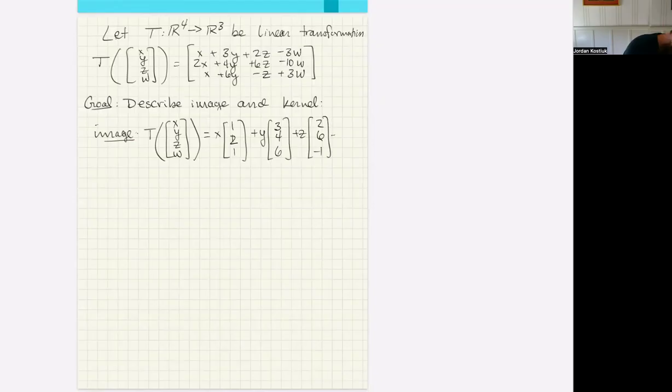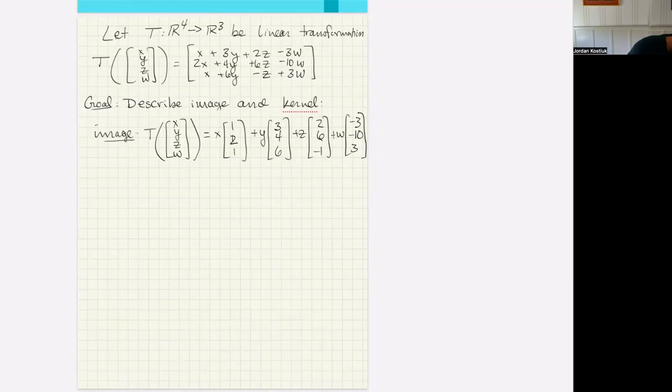This gives us an alternate description of an individual image vector.